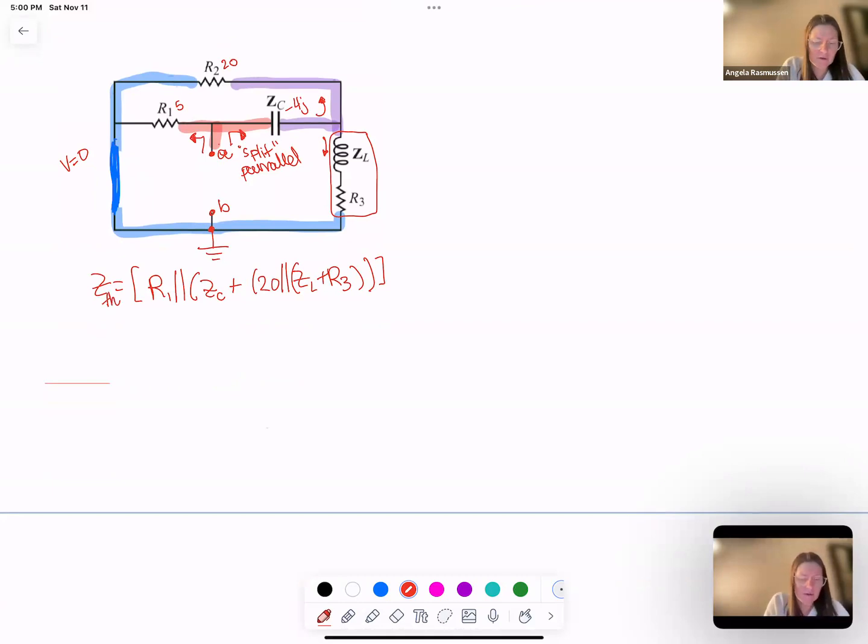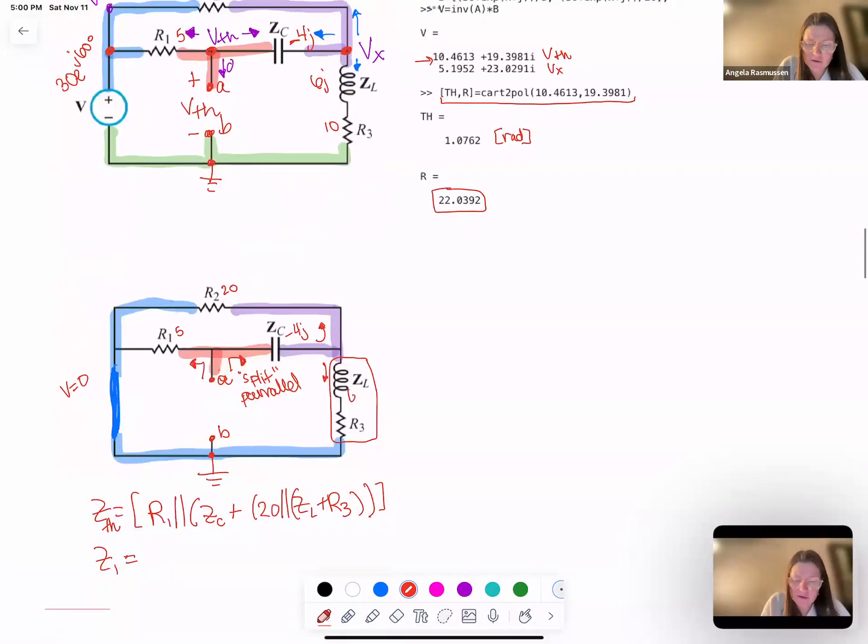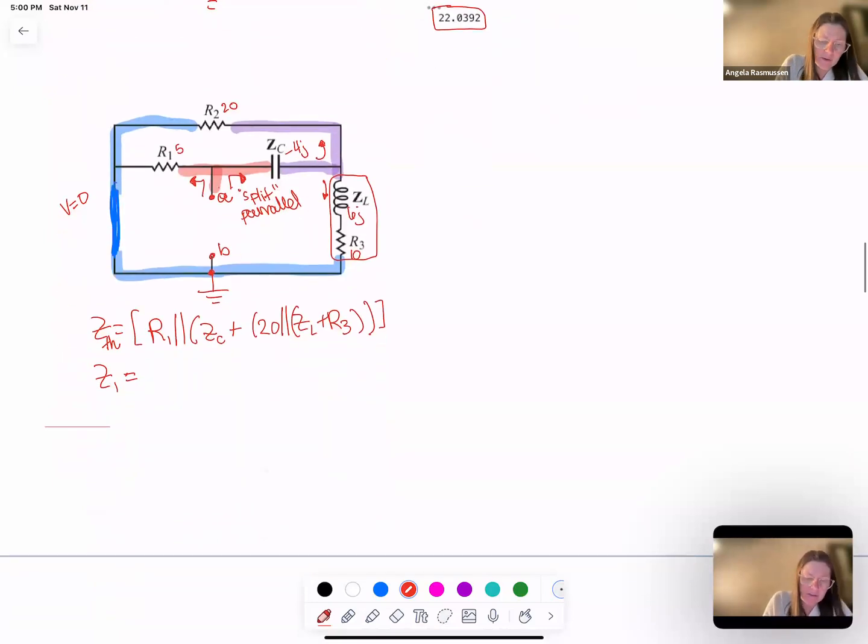And so I could write this temporary Z1 term, let me put in these values. ZL was 6J, R3 was 10. I'm going to write this parallel form as Z1.